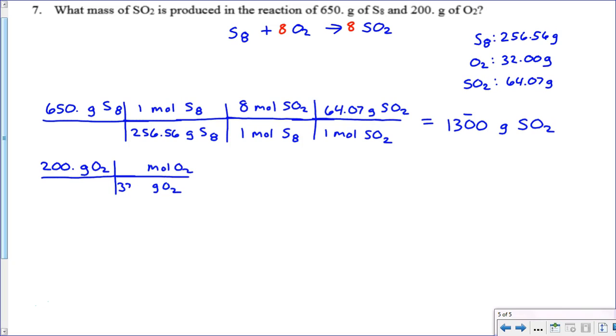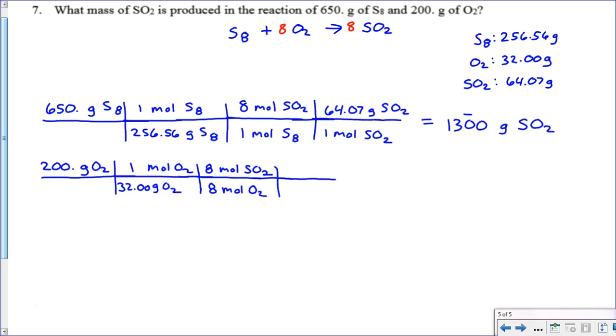So we've got 32.00 grams in 1 mole. All right, then we go from moles of O2 to moles of SO2. That's 8 moles of O2 in 8 moles of SO2 coming from the coefficients on the balanced chemical equation.